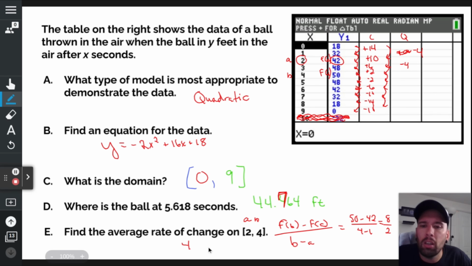The average rate of change is 4 feet per second.